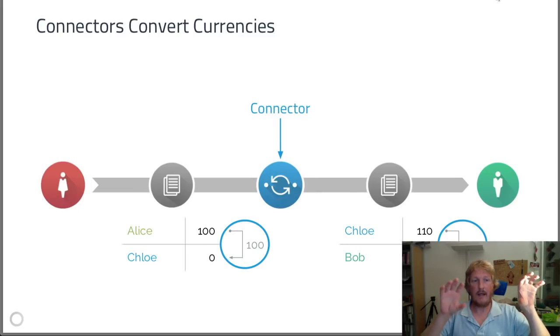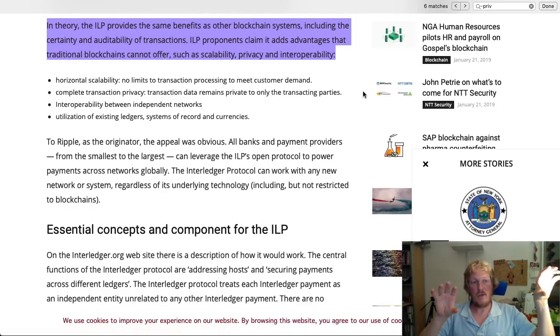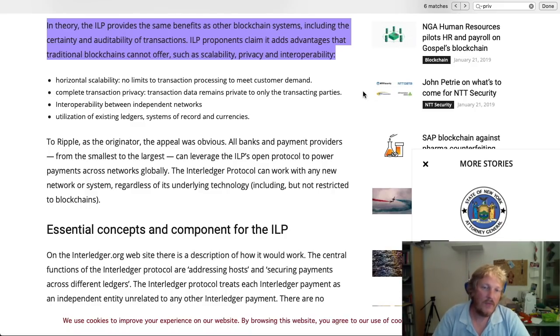Most likely two connectors: one exchanges fiat to XRP and sends it to the next connector, which exchanges XRP to fiat and pays it out to the final account.